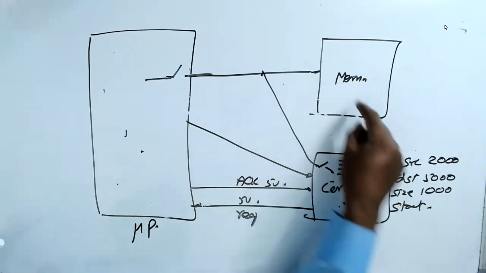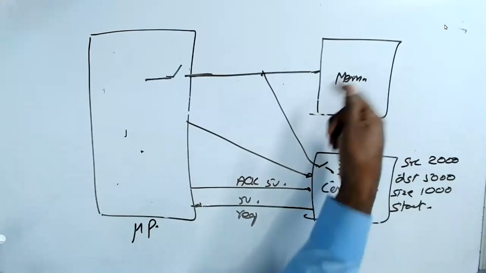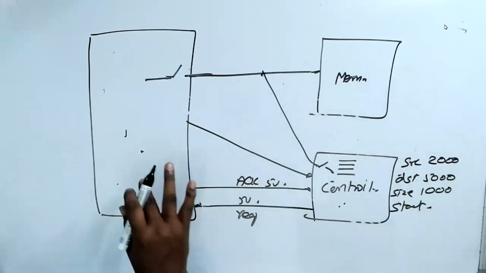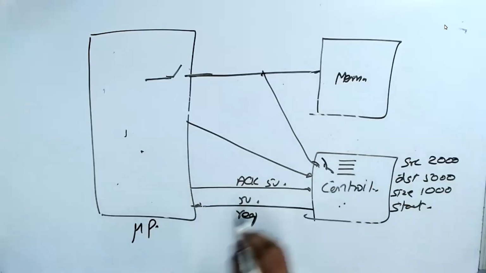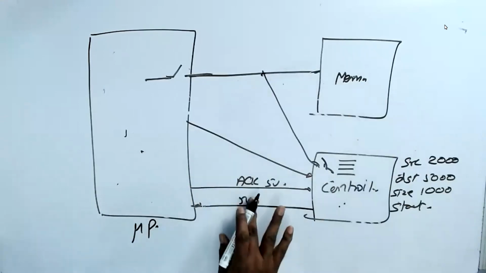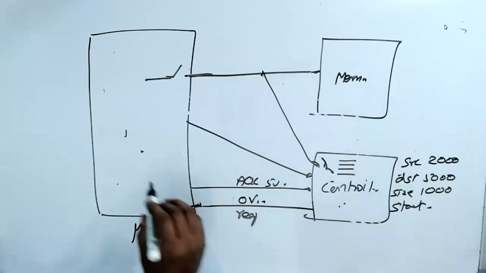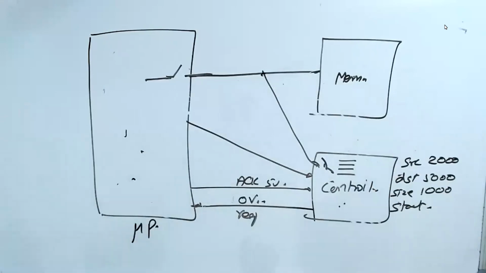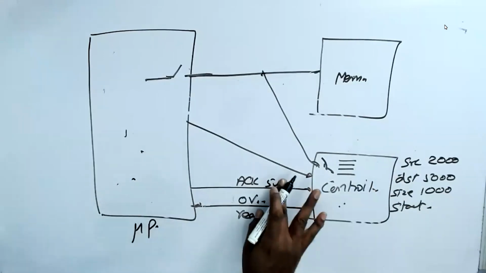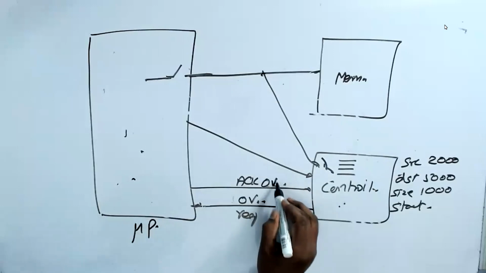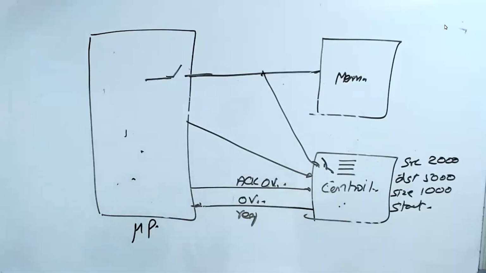Once he completes the 1000 bytes copy, he will switch off and get out of the memory. Then he makes the request 0 volt, telling the microprocessor, hey, I have released. Now the microprocessor makes the acknowledgement 0 volt, telling him, hey, thank you.